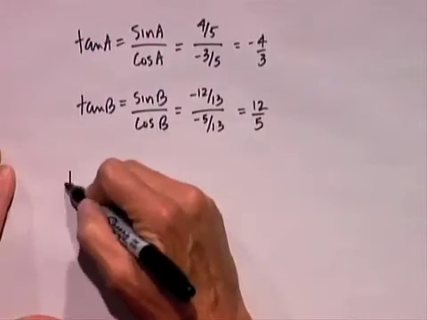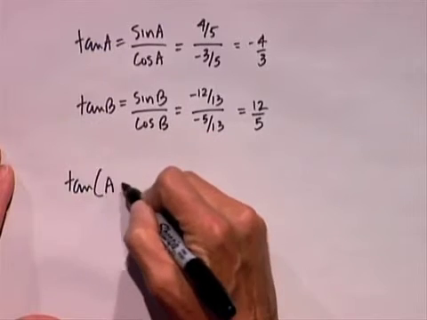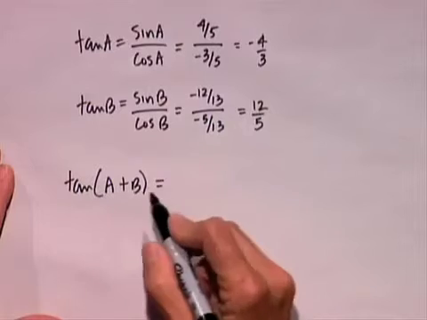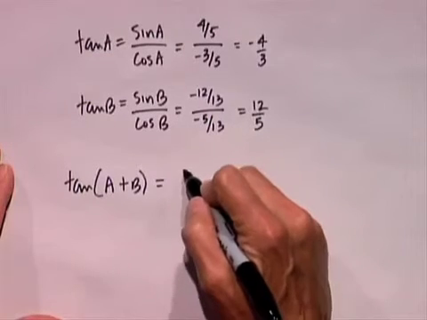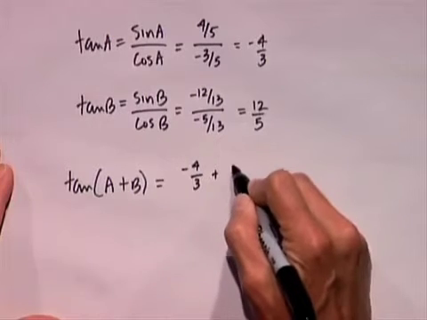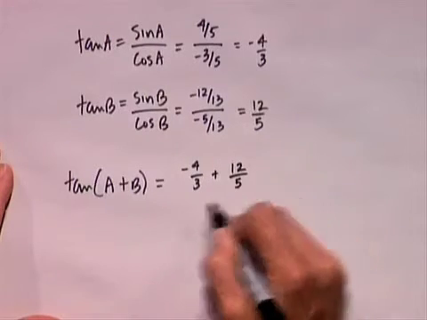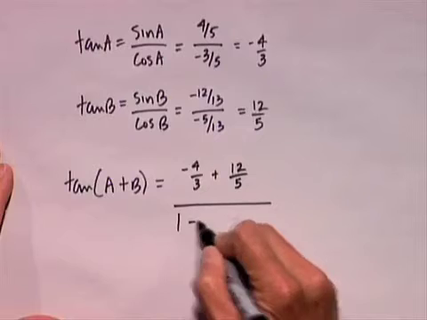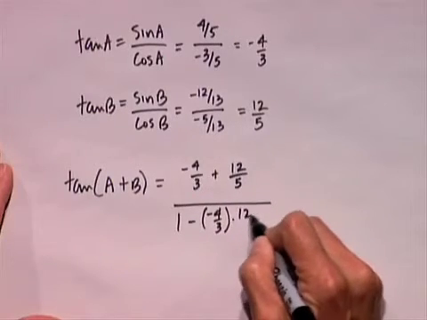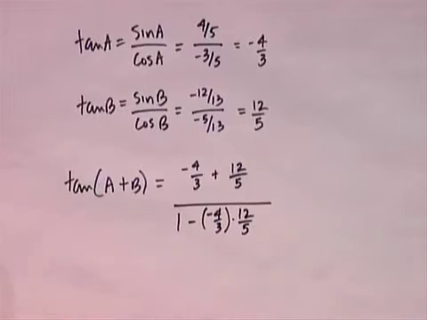And so now I'm ready to find the tangent of A plus B. You can look back at the identity. What you'll need to put together is the tangent of A plus the tangent of B over 1 minus the tangent of A times the tangent of B, and we want to simplify.